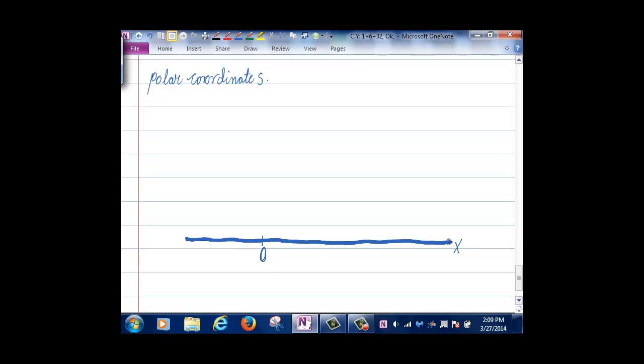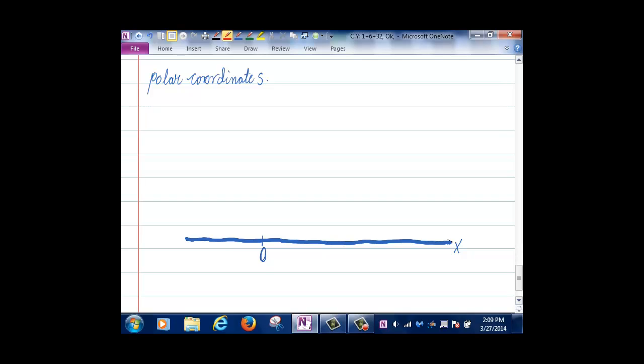Okay, now imagine that I have another axis. I am going to call that the polar axis, or a rotating axis. So imagine that initially the polar axis is going to coincide with the x-axis. So right now the polar axis is on the x-axis.